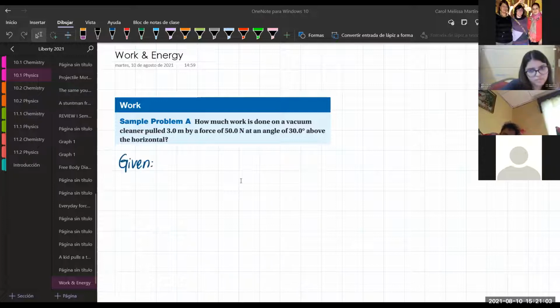The problem is about a vacuum, okay? Someone is cleaning with a vacuum, and when you use the vacuum, you're actually pulling it or pushing it. It depends on how you clean, on your habits.